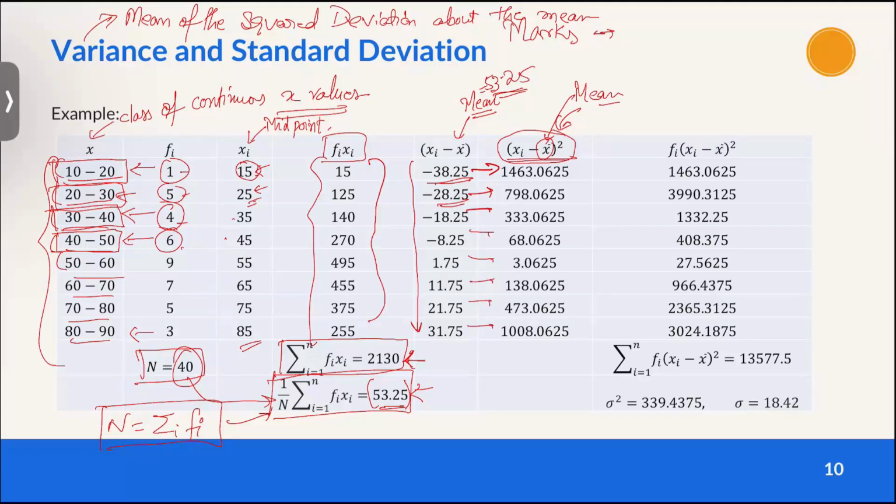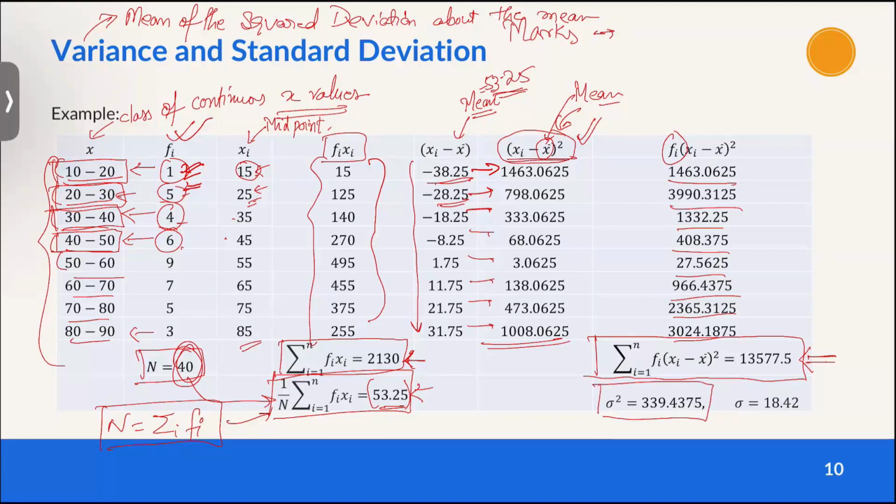Okay. Now we will not add this up. We will multiply it with the frequency. So this frequency and this column will multiply because we have observed those values by the given frequencies. We will multiply each with the frequency and then we will sum up. And what we'll do with the sum, we'll divide it by 40 because that is the number of times we have observed those values or the sum of the frequencies.